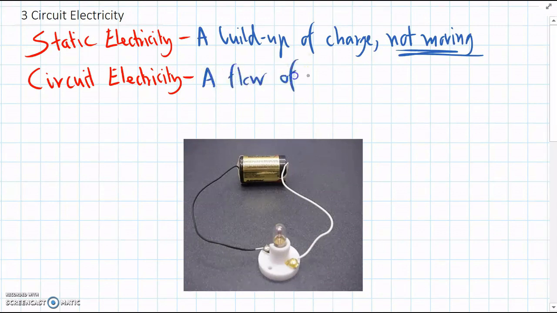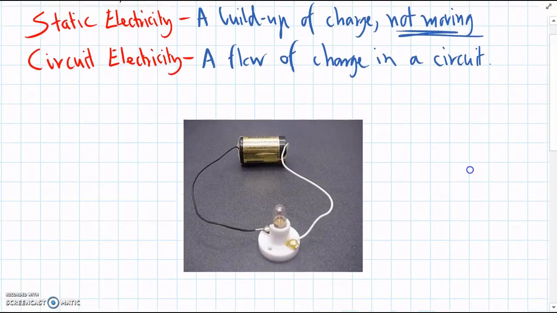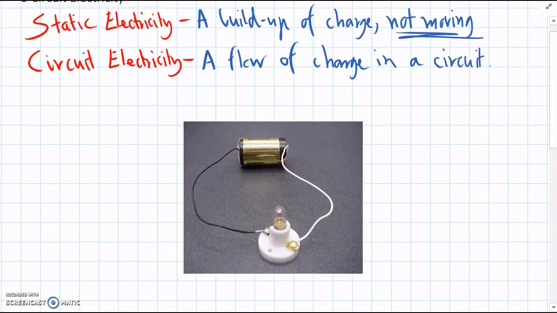So it's a flow of charge in a circuit. But then the next question is, what actually is a circuit? So we'll look at all the features that circuits need to have by looking at this diagram down here.